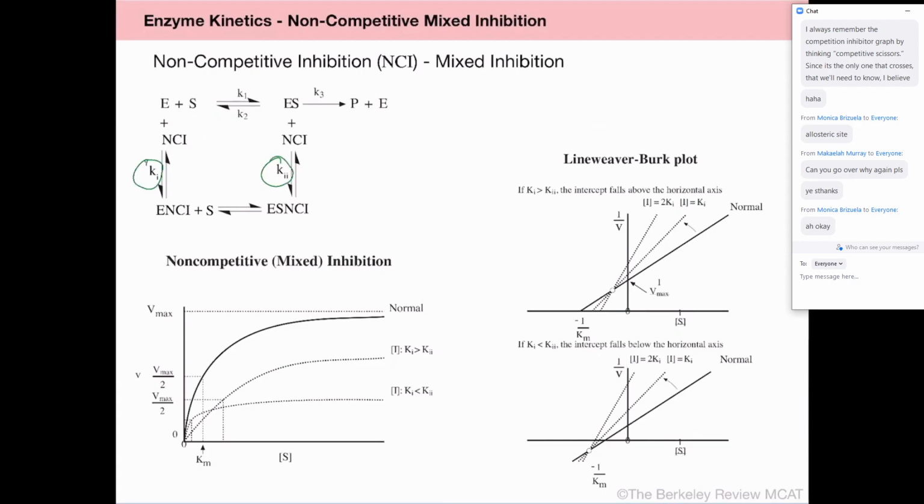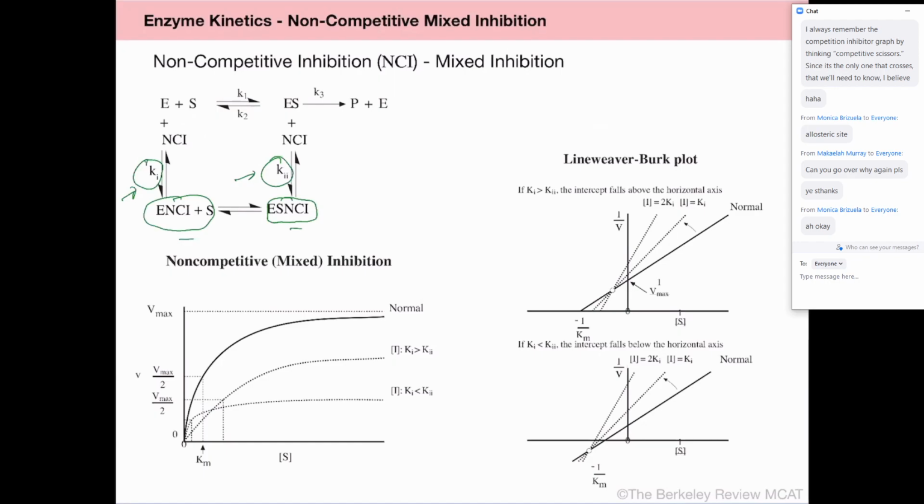So depending on which is favored, either the enzyme and non-competitive inhibitor, or the enzyme substrate complex and non-competitive inhibitor, there's going to be some sort of preference towards this or this. And based on whichever one of these is bigger or smaller, you're going to get slightly different behaviors, right?